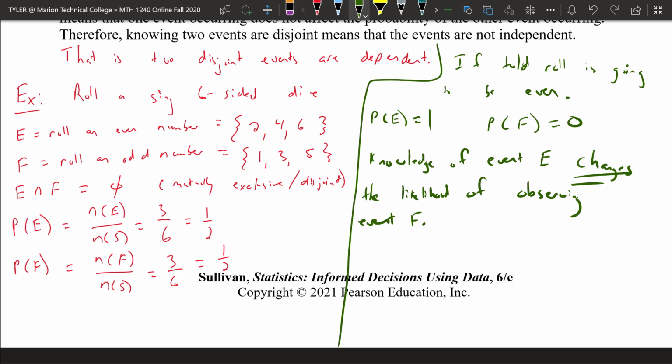So therefore, E and F are dependent. So if we know that 2 events are disjoint, it also means they're dependent. You can see this is just one example to illustrate this. So in this section, we're going to be looking at only independent events. In the next section, we'll look at what happens if we have dependent events.